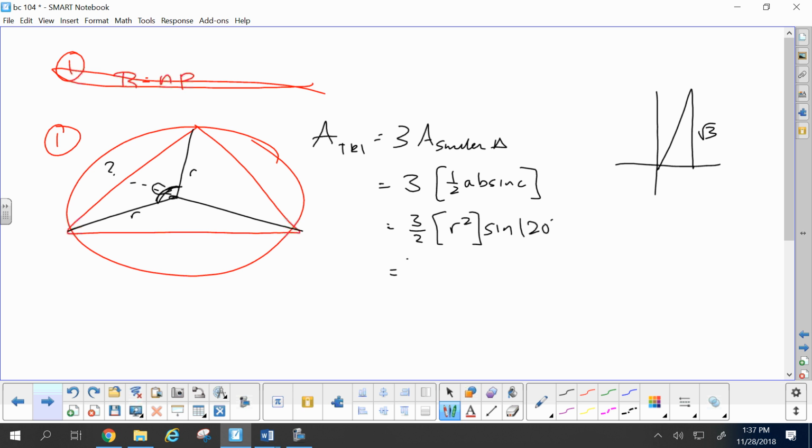The bigger, so it's √3/2. So it's 3√3/4 R squared is the area of the triangle. Now that you have a nice clean relationship between the area of the triangle and the radius, you can crank out the rate of change in the triangle, yeah?